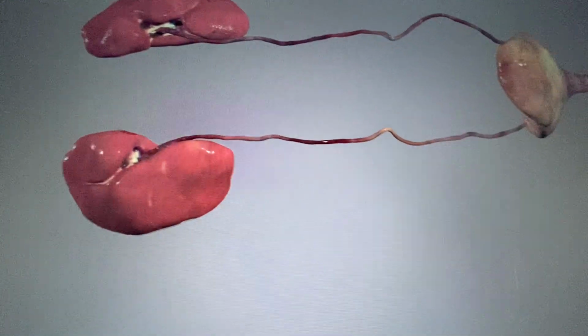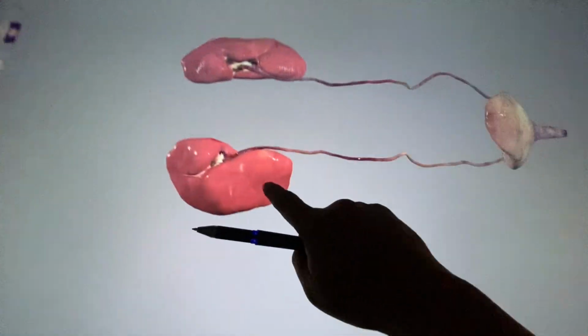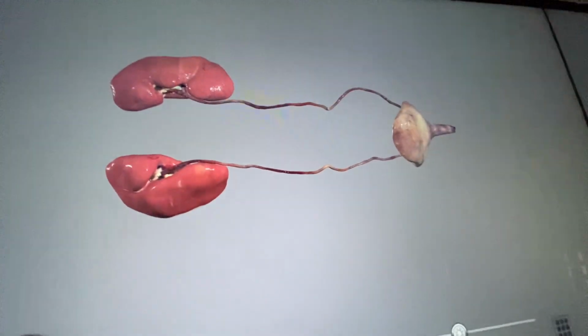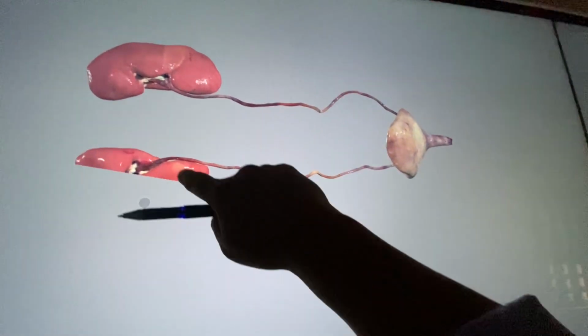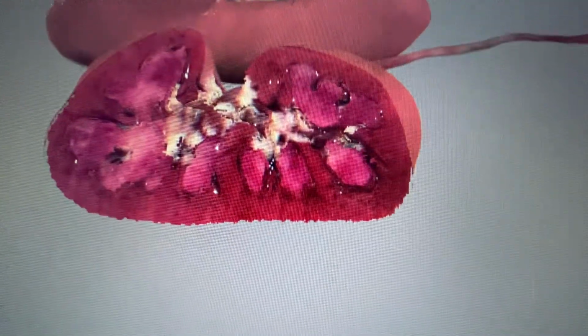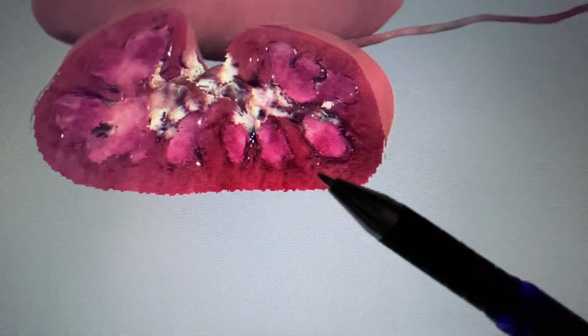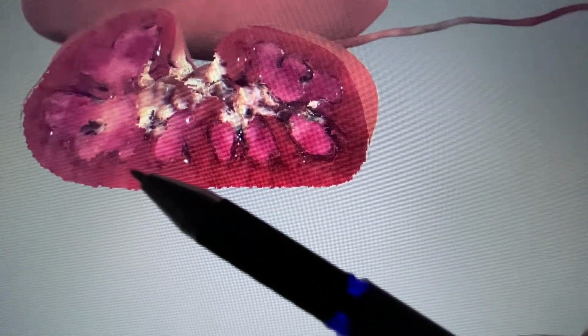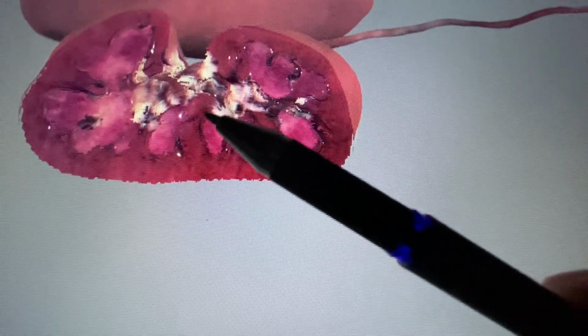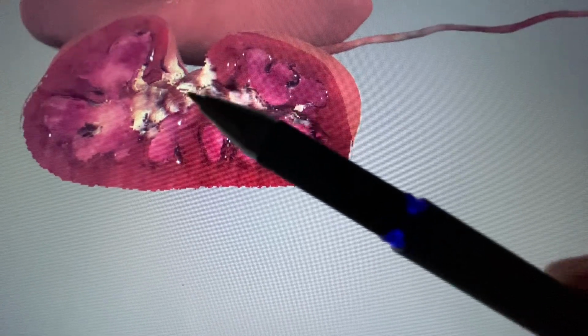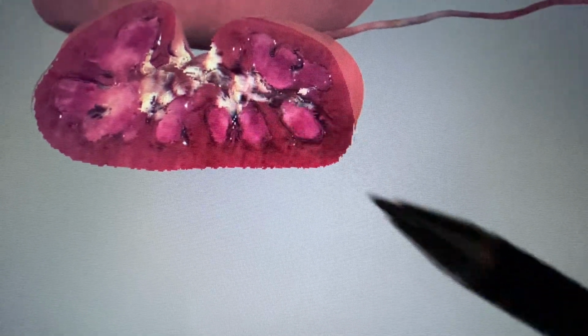Now, that's easy. What would be more challenging is if we're talking about renal, and let's look at this. Of course, the outer layer here is the cortex. The inner layer that has all the pyramids, renal calyces, and the renal pelvis here, that is your medullary area.